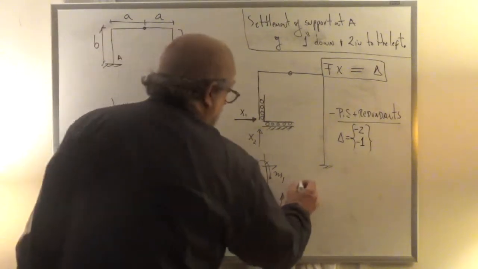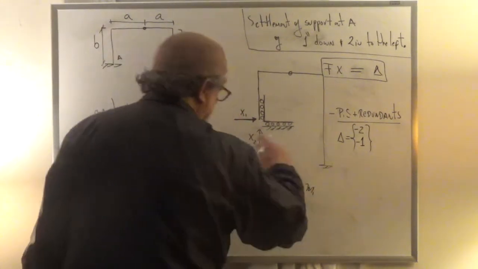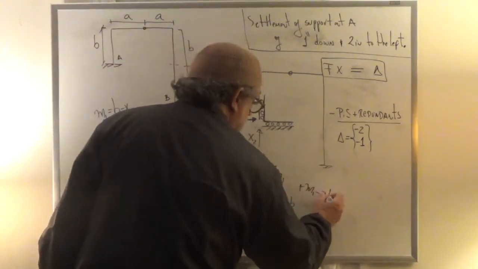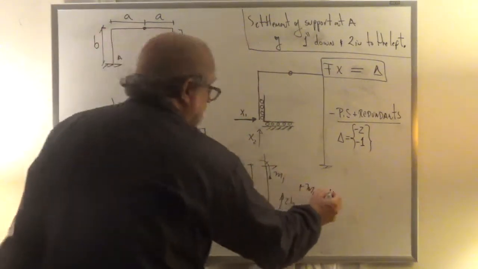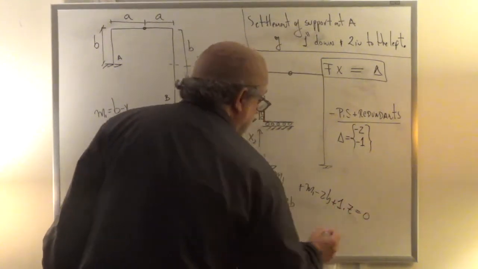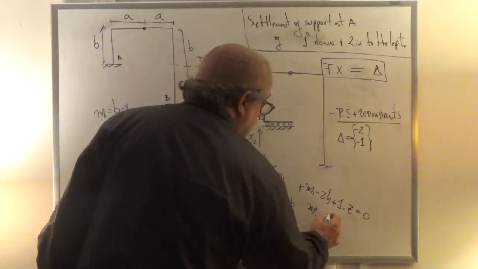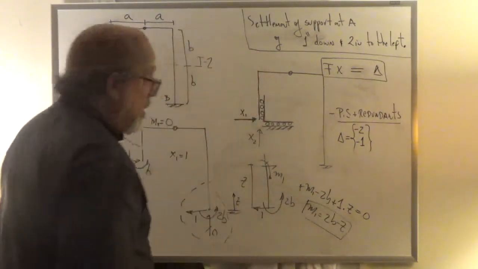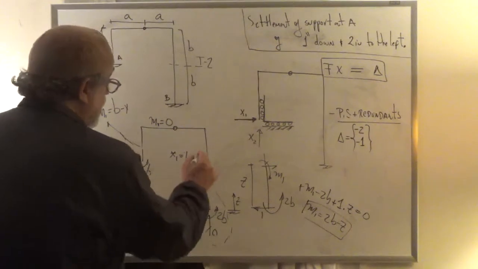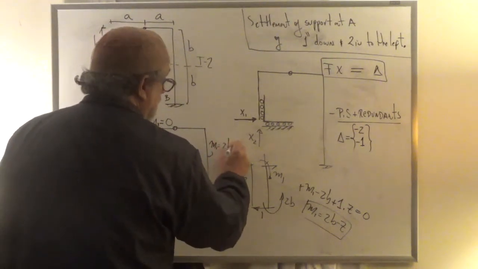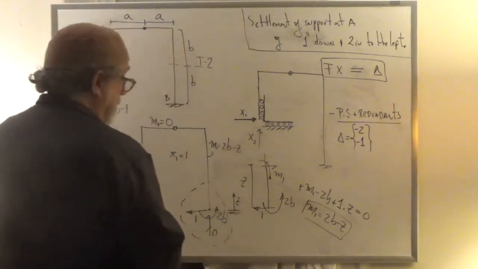Then I would say plus M1, minus 2B plus 1 times Z is equal to 0, therefore M1 is equal to 2B minus Z, right? So our moments on this bar is M1 equals 2B minus Z.